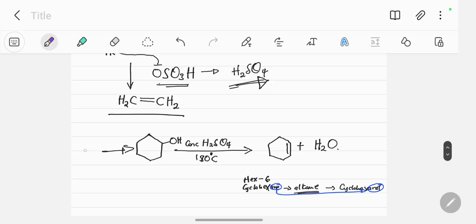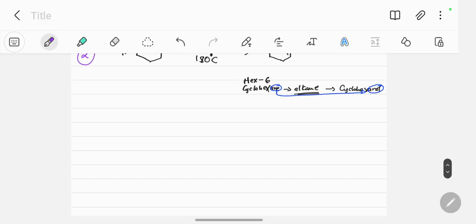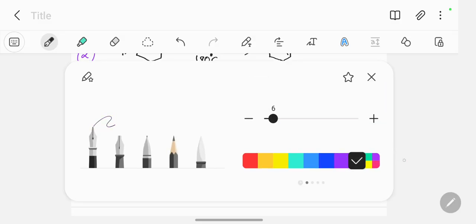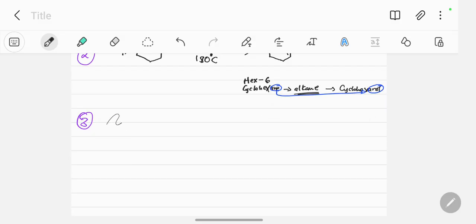Then this one is the second scenario. Then the third scenario is going to be for butanol, or butan-1-ol, CH3CH2CH2CH2OH, like that.